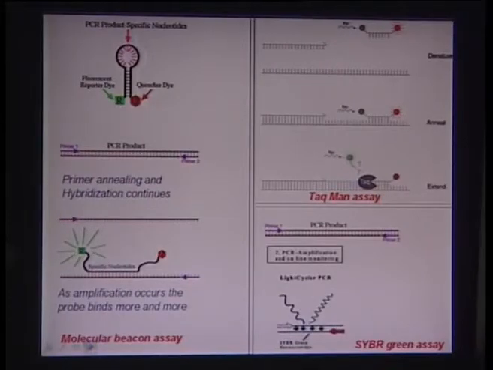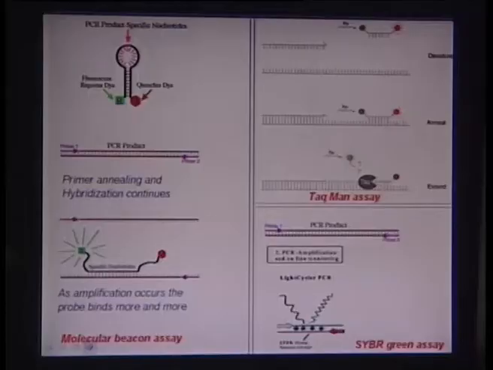There are several techniques which have been cited in literature, and a lot of research is going on in this area, wherein they develop different dyes and also different configurations of these dyes, or conjugation of these dyes to different constituents of the PCR reaction. So what we can recapitulate at this point of time is that there are close to 4 different techniques through which fluorescence can be reported.